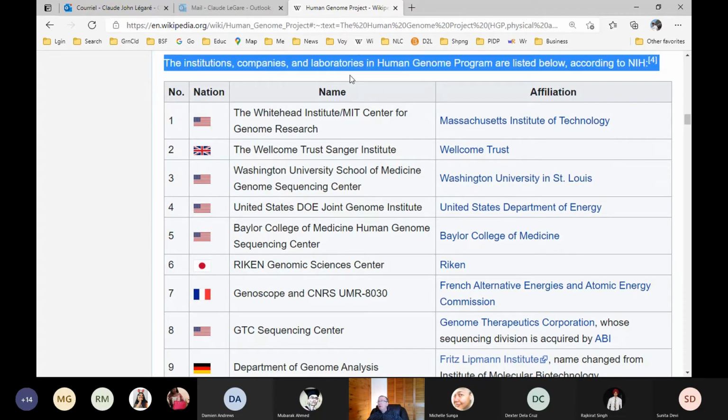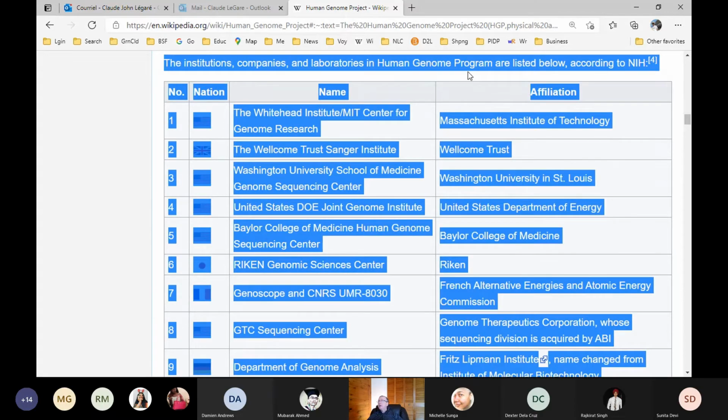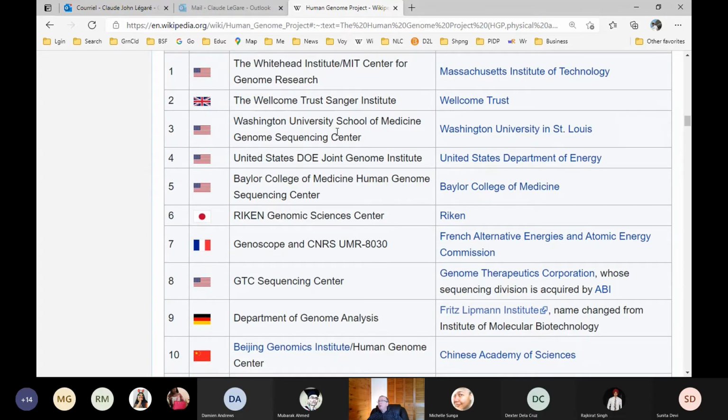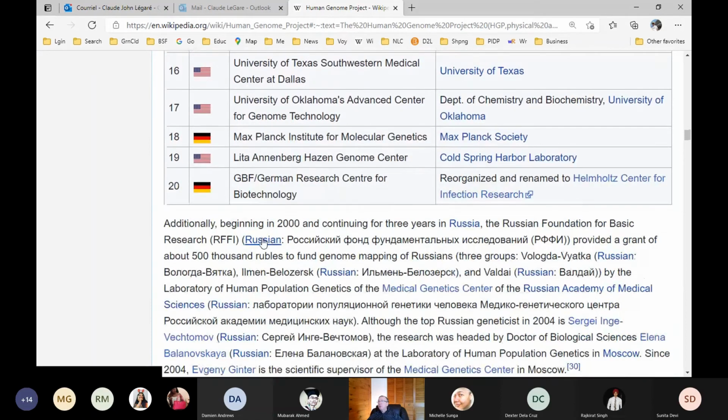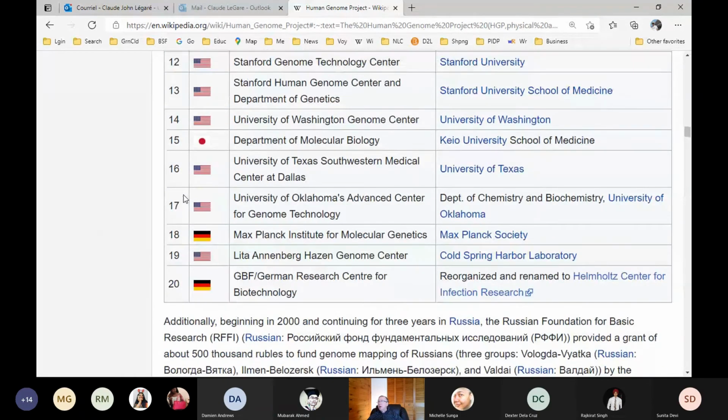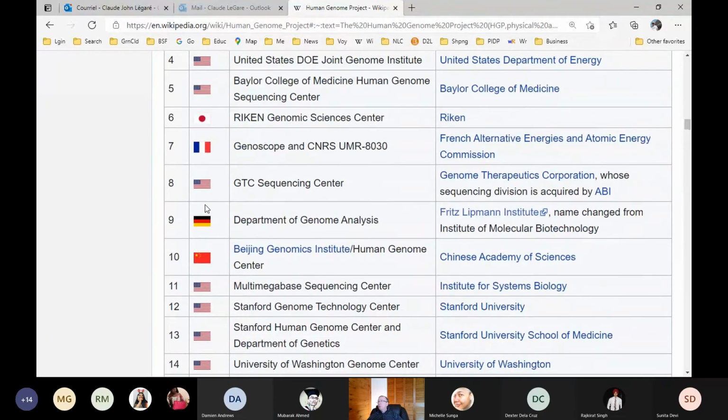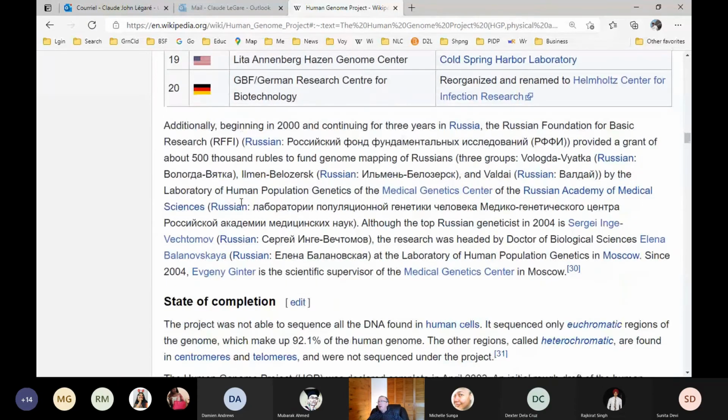But you can have an idea of how many people were working on it, because we have here the list of institutions, companies, and laboratories that were working on that project. So you see a lot of organizations here. There is a list of 20 organizations, and then probably many people in each of those.